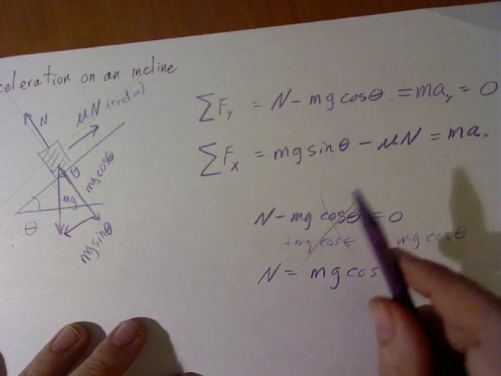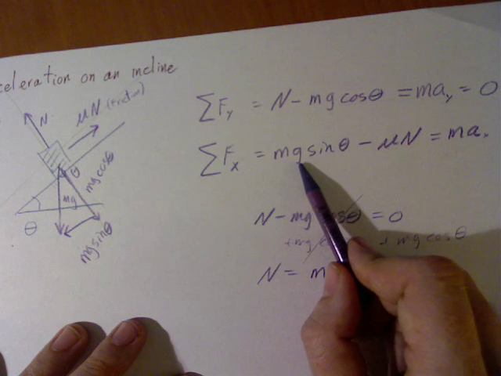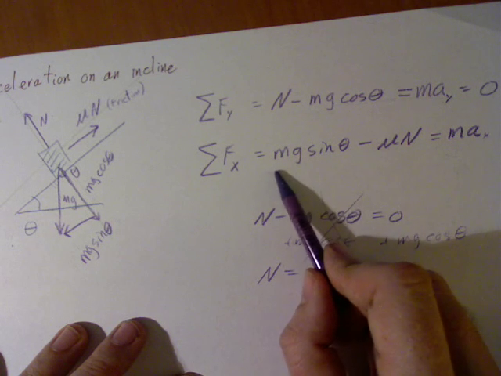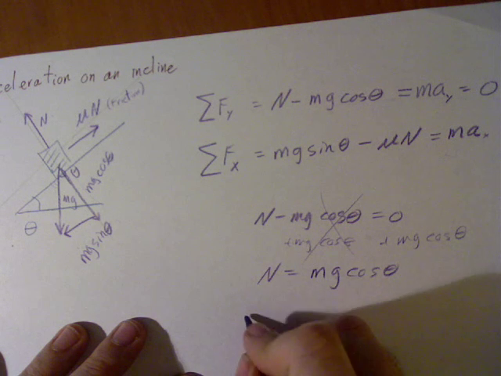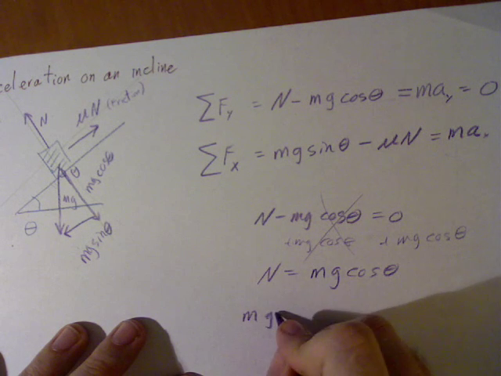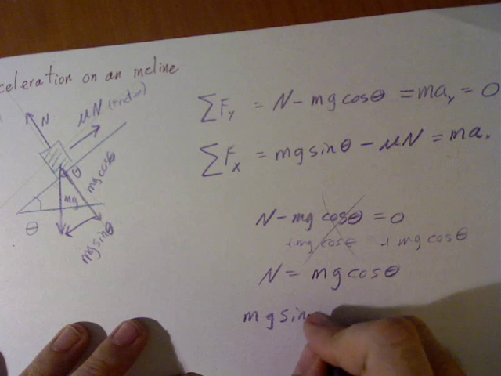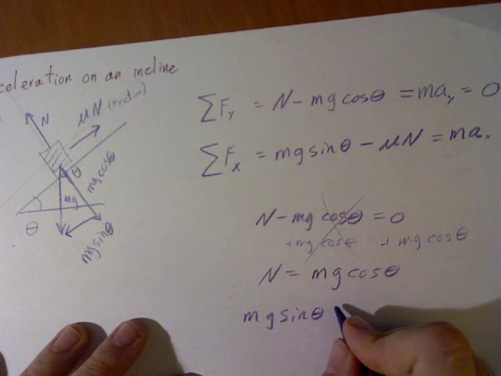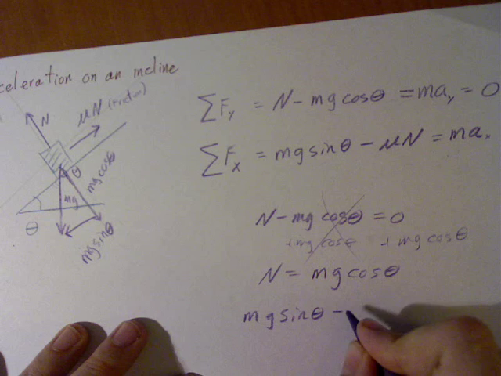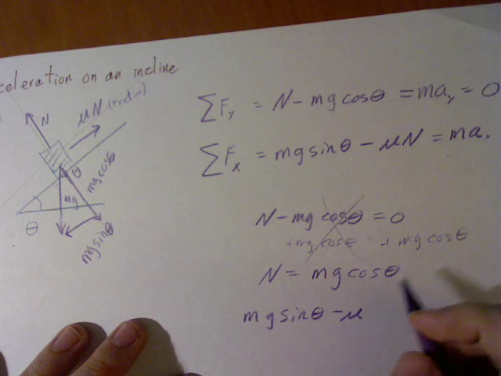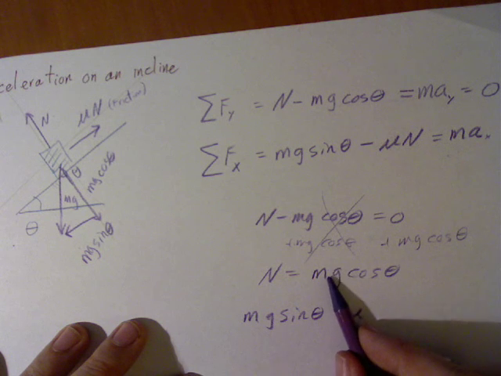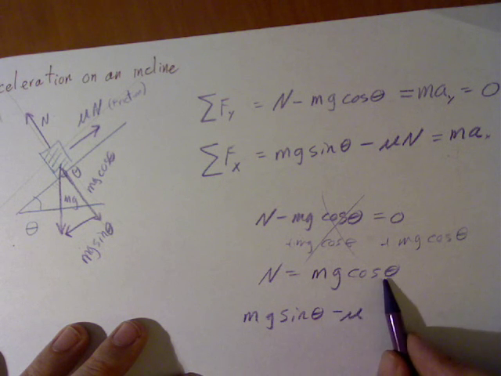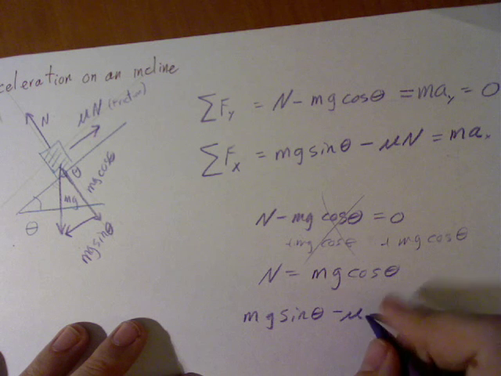Now, if we come back up here, take our equation for Newton's second law in the x direction, we can write mg sine theta minus mu n. We have n to deal with. N is mg cosine theta, so instead of writing n, we write this.